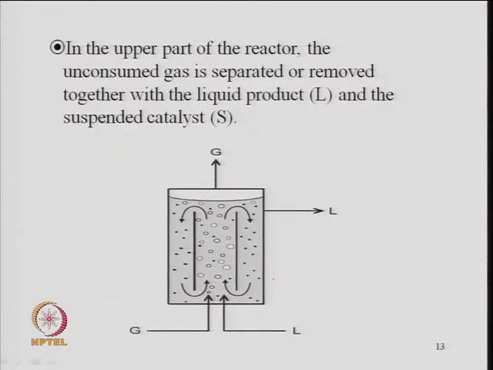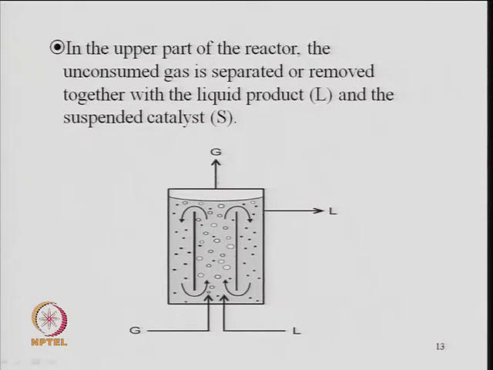There is another type of reactor which I have not shown here, a bus loop type reactor, where you generally have a jet from which the gas and liquid are infused or transported. It can have external or internal mixing, or recirculation also. So different combinations of these kinds of suspension reactors are possible.